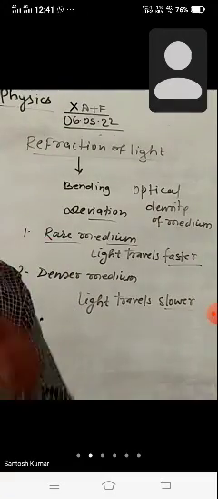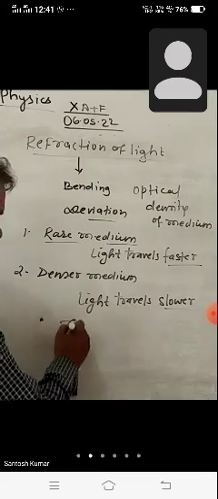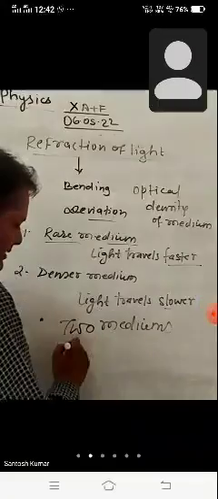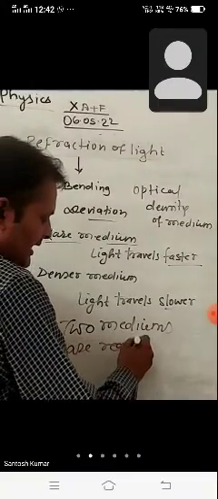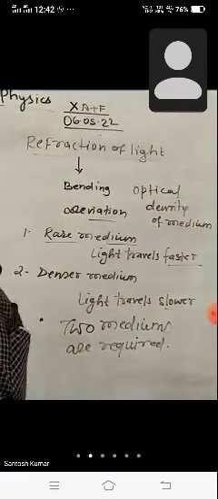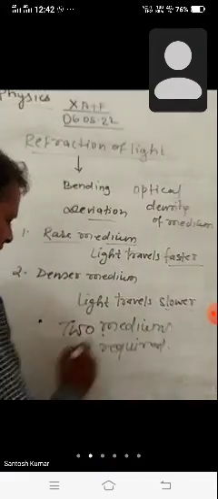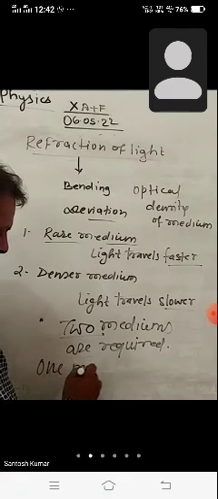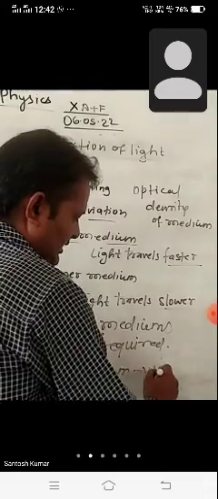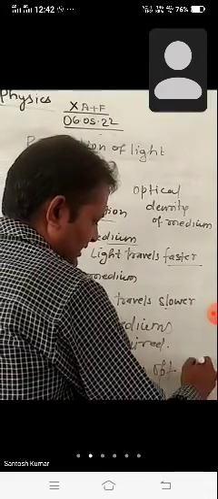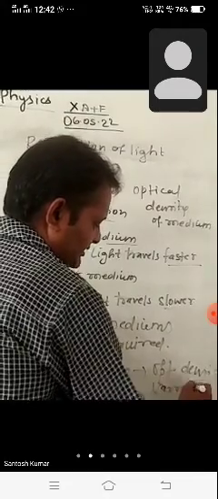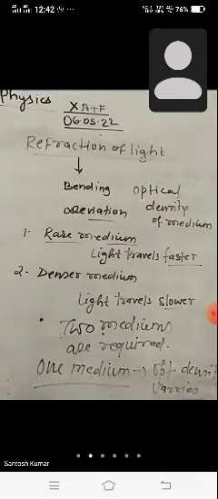We have mentioned that a minimum of two mediums are required for the phenomenon of refraction of light. But still, if only one medium is there, but its optical density varies, then there may be the phenomenon of refraction of light.